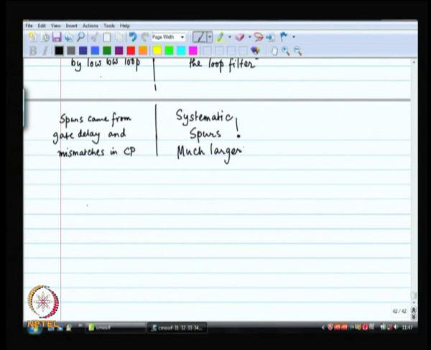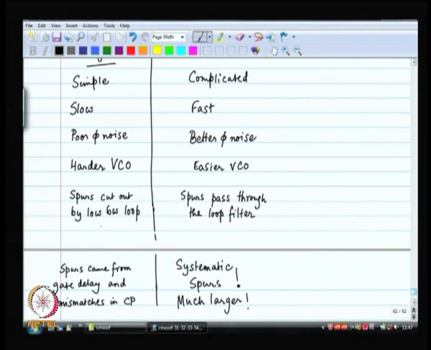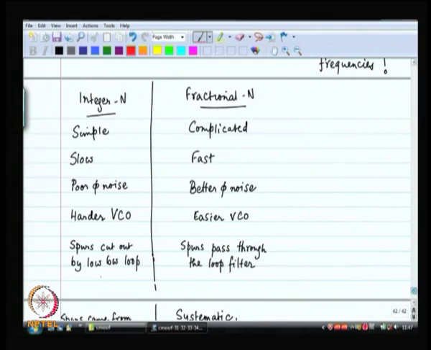So, therefore, we need to seriously think about what can be a better way to do this division by n and n plus 1. So, you see over here for the fractional n, I like the fractional n because it is fast, it has better phase noise, I can make an easier voltage controlled oscillator.